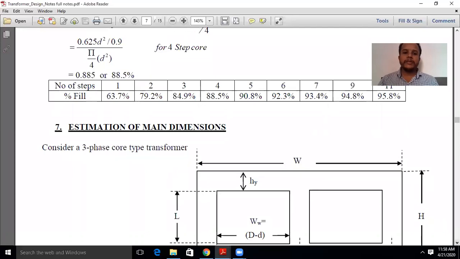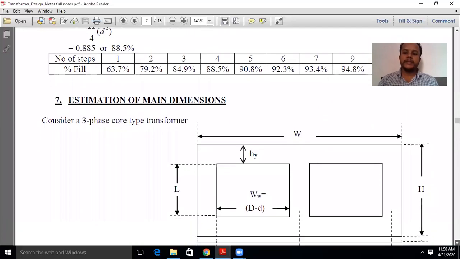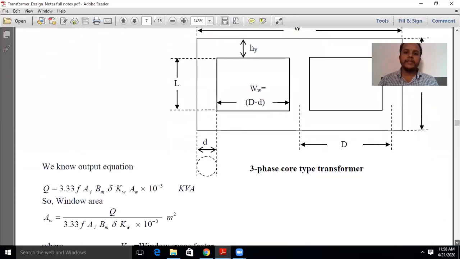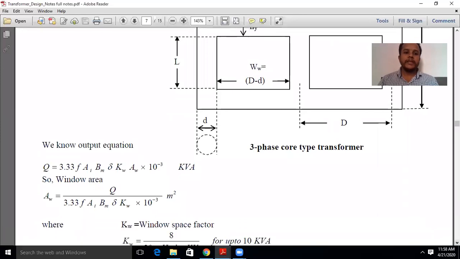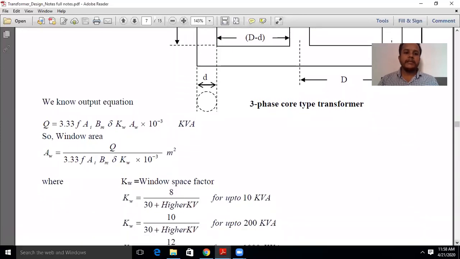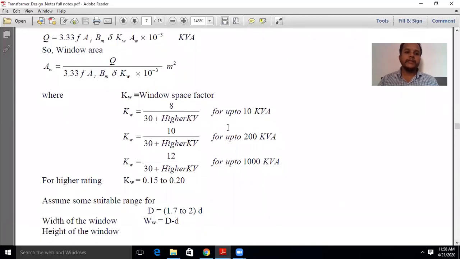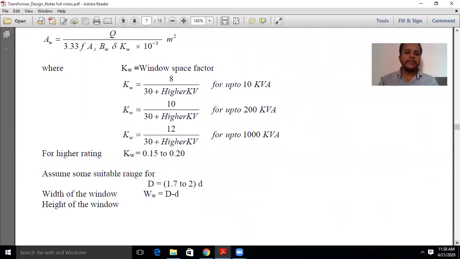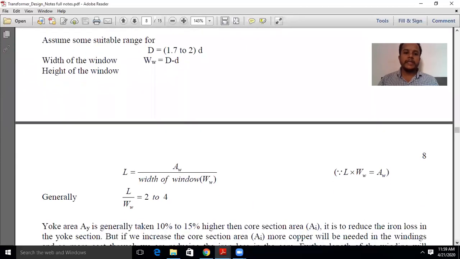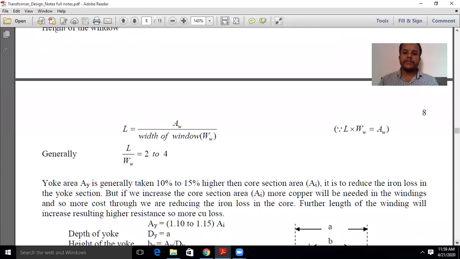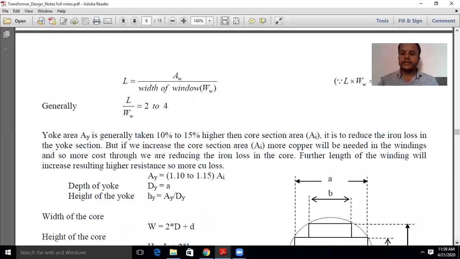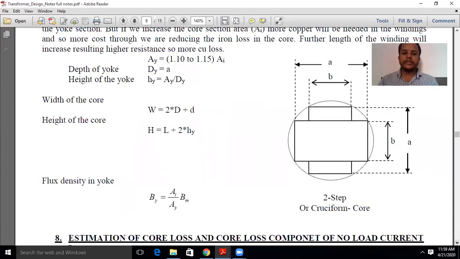Then we got the estimation of main dimensions. We calculated the window area AW for the different types of transformers, and then the length and width of the core of the transformer.